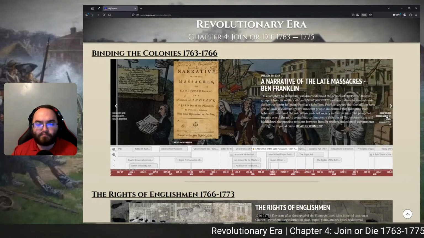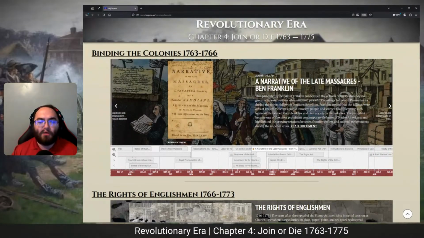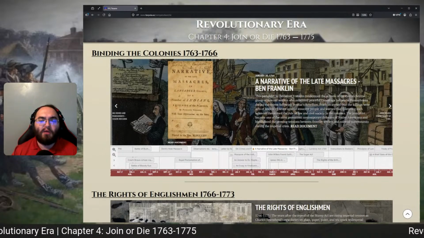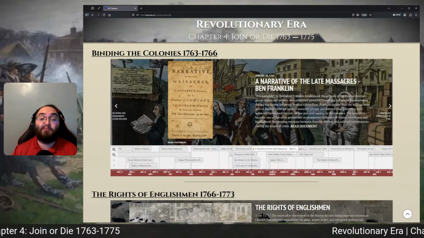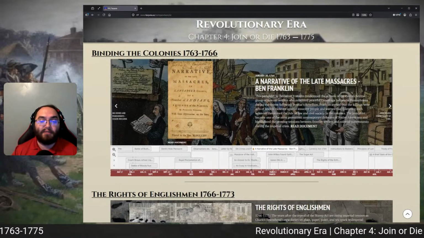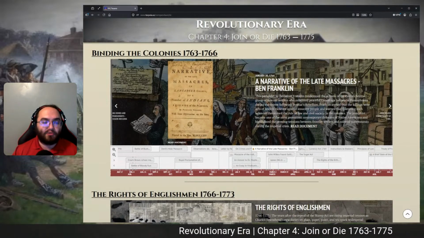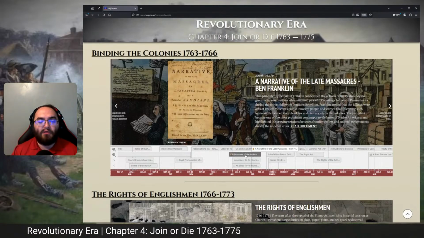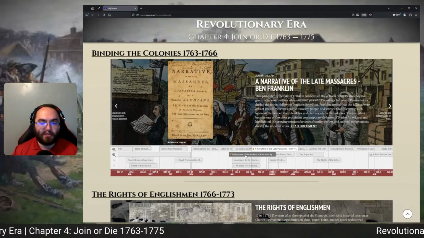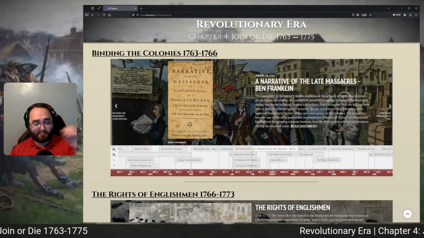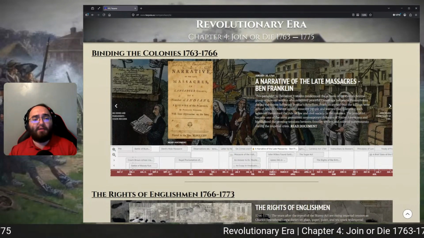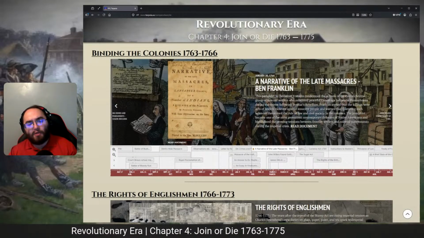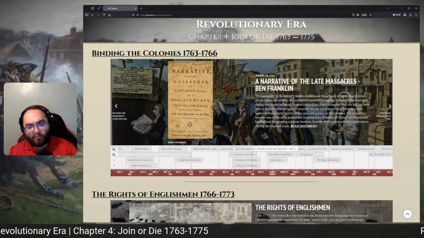And here's a primary source of the violence in Pennsylvania during Pontiac's Rebellion. This is written by Benjamin Franklin, talking about the late massacres. So the Enoch Brown Massacre, and now the massacre by the Paxton Boys. The Paxton Boys will threaten to burn down Philadelphia because some of the Native Americans will flee to Philly, seeking refuge.